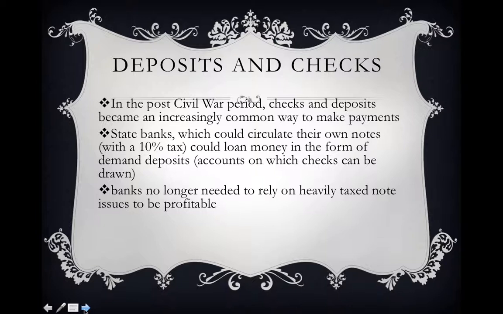Once they realized that they didn't have to print notes in order to make loans, they could just allow individuals to write checks on a particular account, they avoided paying that 10% tax. So the checking and checkable deposit development in the United States was a direct reaction to the tax placed on state banks under the National Bank Act.